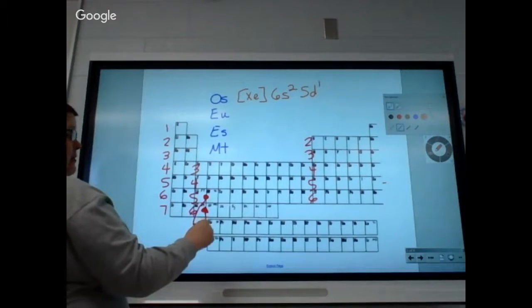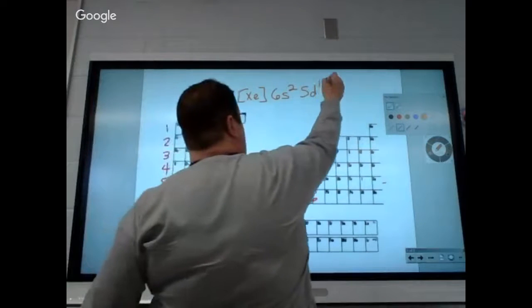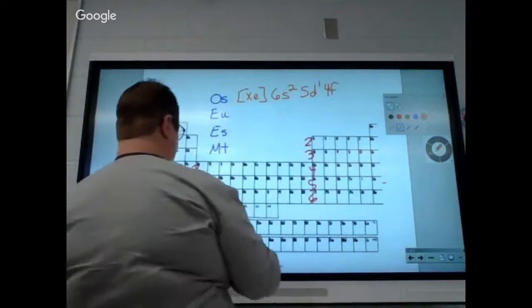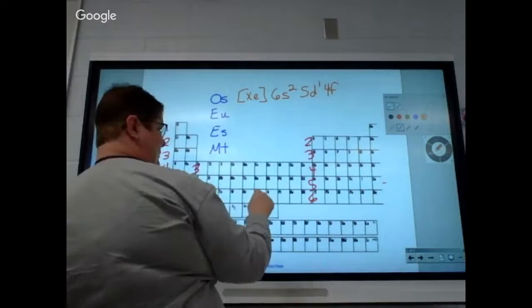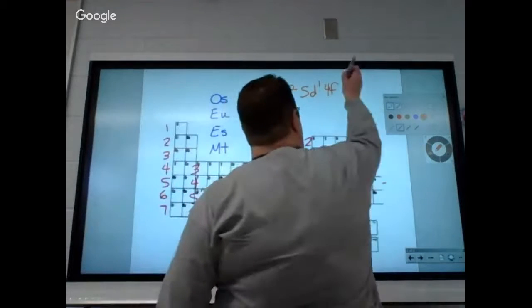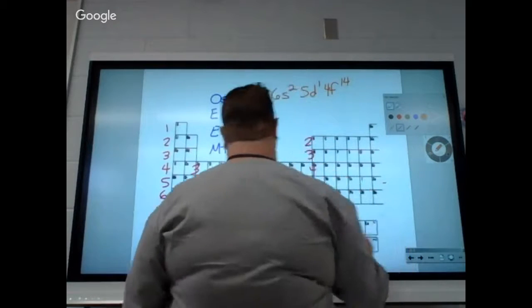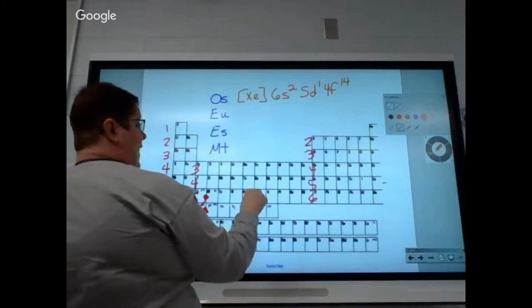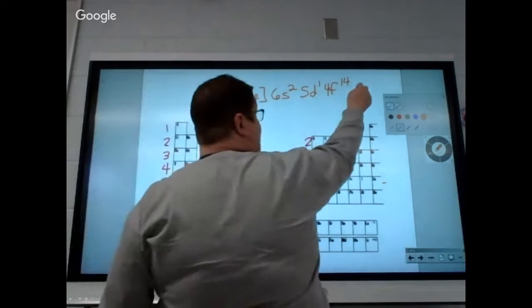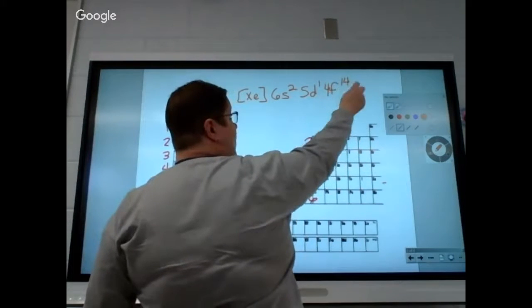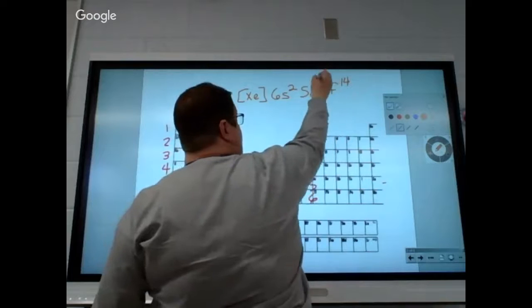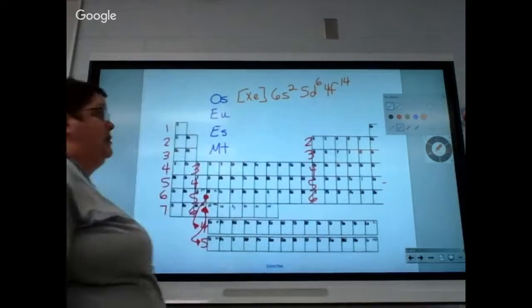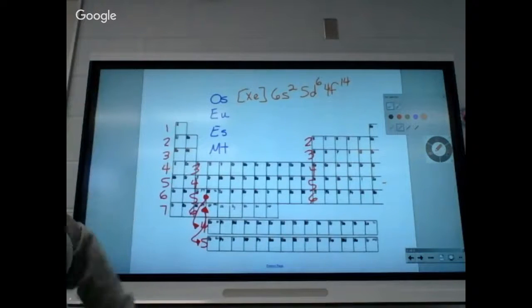Down here, right? 4F, how many do we have for OS? 14. At the end, we go back up and we're back here at 5D. And we have how many? 1, 2, 3, 4, 5. We're not going to write 5D5. We're going to take 1 and 5 and make it what? 6. Okay, that's osmium. Questions about that one?